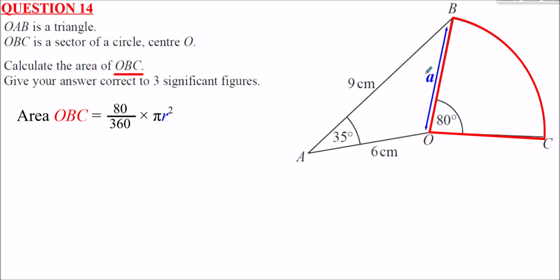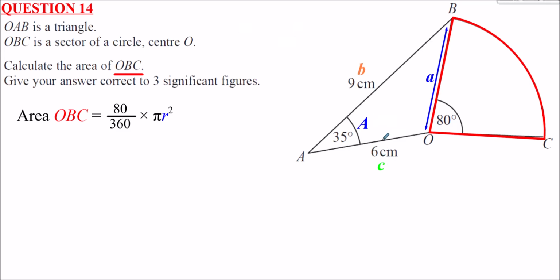So if I call this A, the length A, opposite to that, I'm going to call the angle opposite to it capital A. So this here, 35 degrees, I'm going to call capital A. Then in any order, the other two sides need to be called B and C. So it doesn't matter which one we pick. So I'm going to go for B as 9 and C as 6.